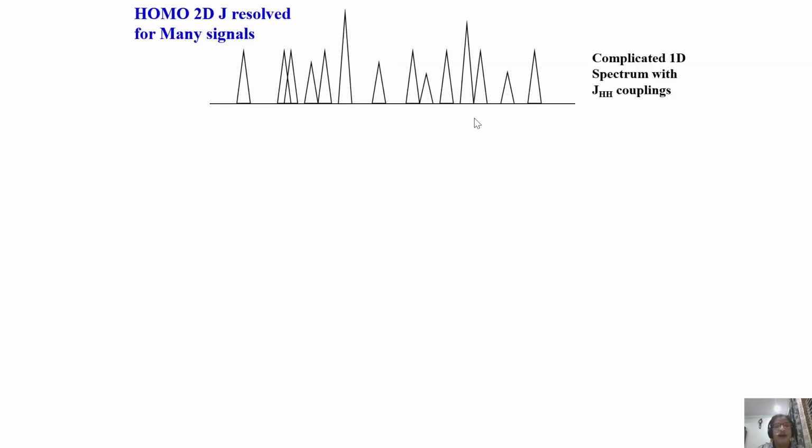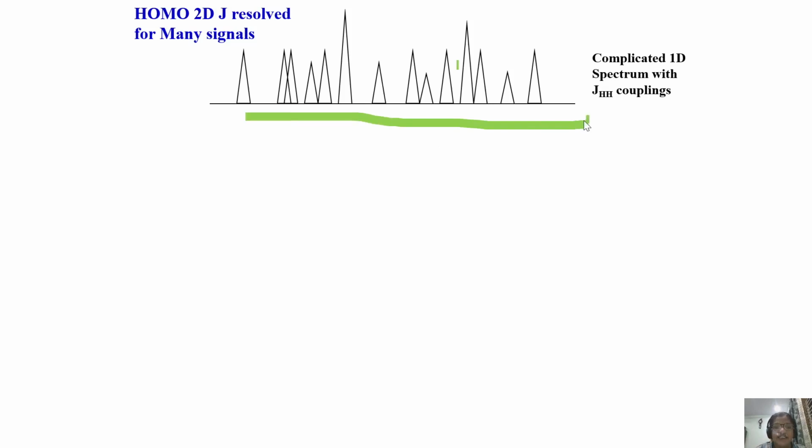Now I'll give you an example. I have a complex spectrum like this. This is a multiplicity pattern. I do not know which is a triplet, which is a quartet, which is a doublet. If I have to analyze this complexity, it is a difficult job.